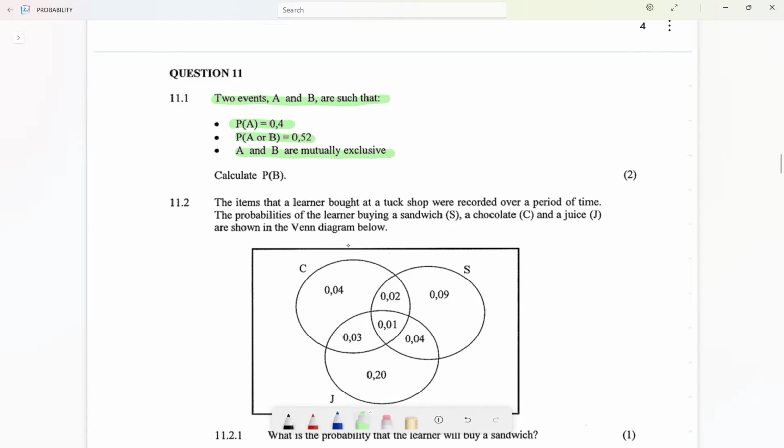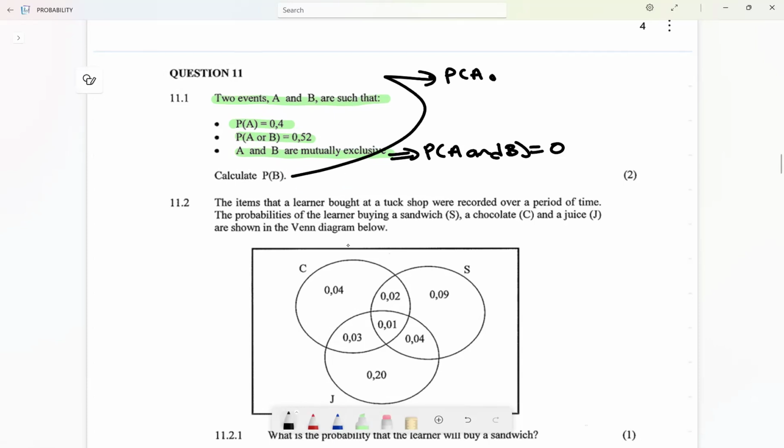What does mutually exclusive mean? Remember, mutually exclusive tells me that the probability of A and B is equal to 0. So how can I find the probability of B? I'm just going to use the formula that says the probability of A or B is equal to the probability of A plus the probability of B minus the probability of A and B, but since that is 0, I can just write it like this.